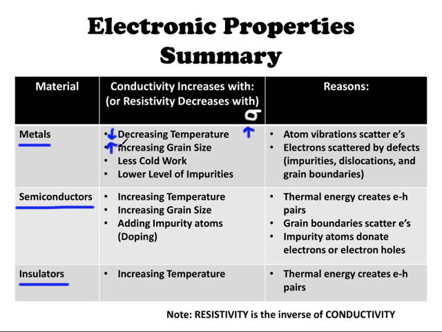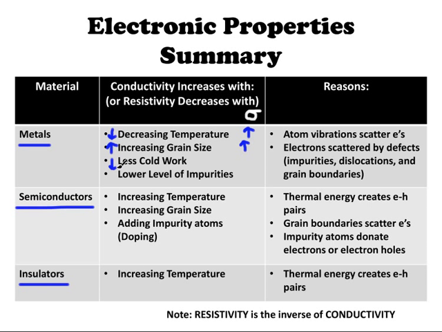Increasing the grain size of metals will also increase the conductivity because electrons are scattered by defects. When you increase the grain size, you are reducing the grain boundary area, therefore you will scatter fewer electrons.